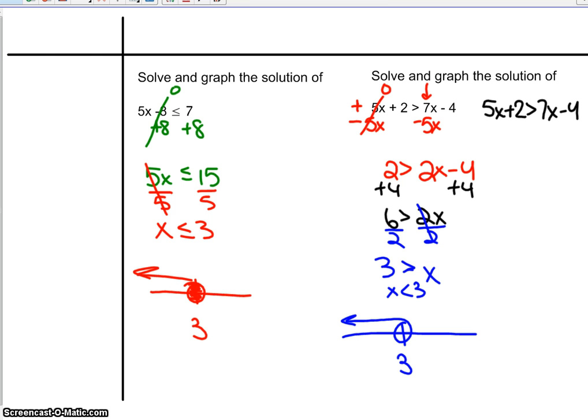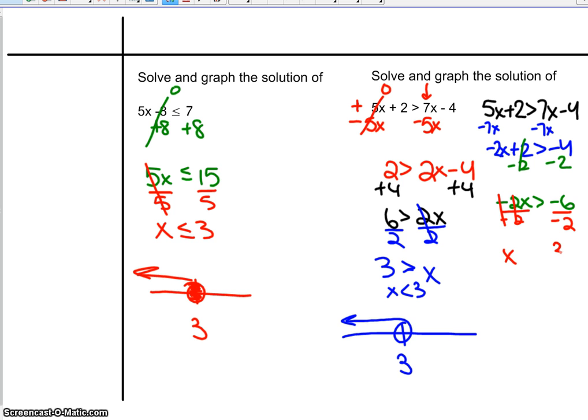But this is why I don't like to go in and move the bigger one, because if I go here now and subtract my 7x, it becomes -2x. And again, it's not that we struggle with negatives so much, it's that we lose those signs from time to time. And then the piece you have to remember, hey, I'm dividing by -2. And since I'm dividing by -2, I have to switch my sign.